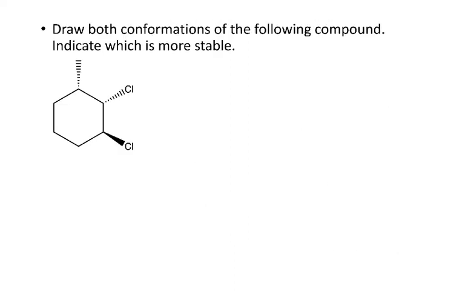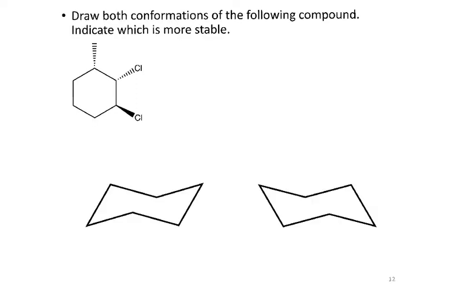Okay, one more example. Now I have a tri-substituted cyclohexane, but it works the same way. Again, I'm going to cheat. Right now, the first 3 carbons have substituents. So I've got 1, 2, and 3. And the foot is 1 on this one. And so my methyl group, I'm going to put on carbon 1, is down.